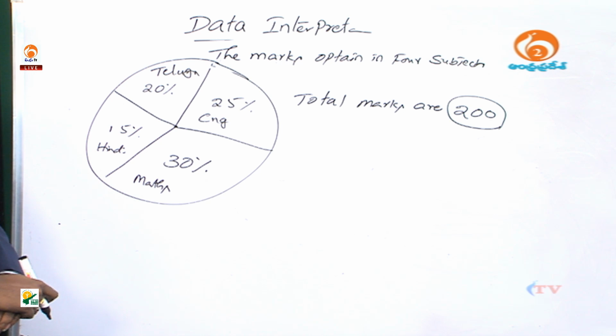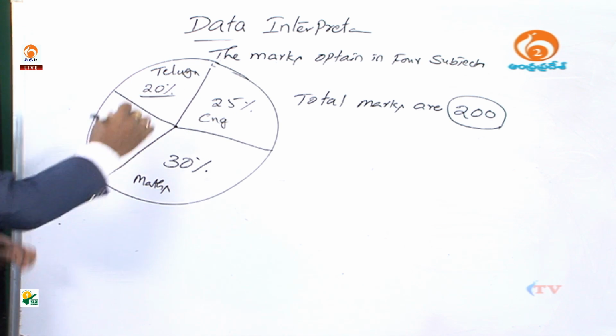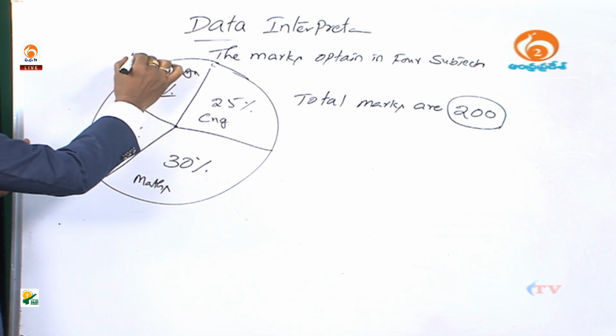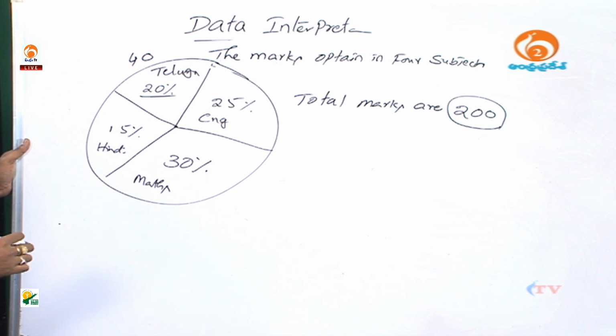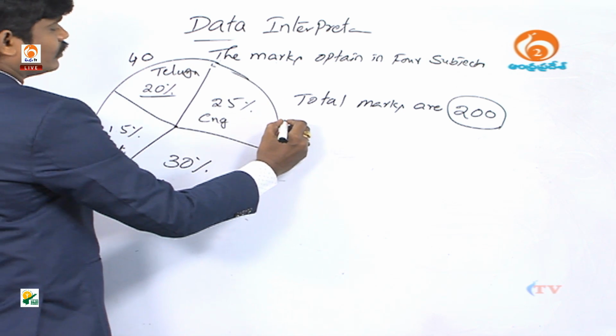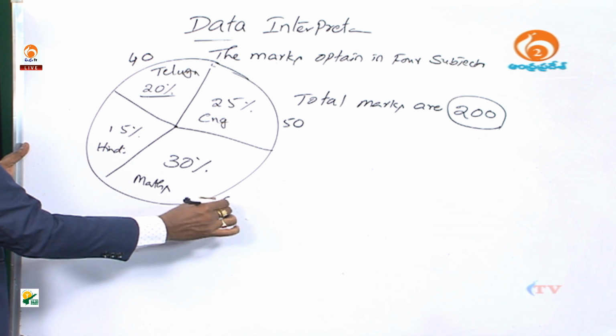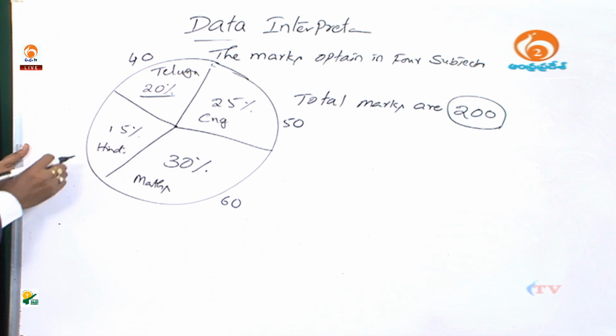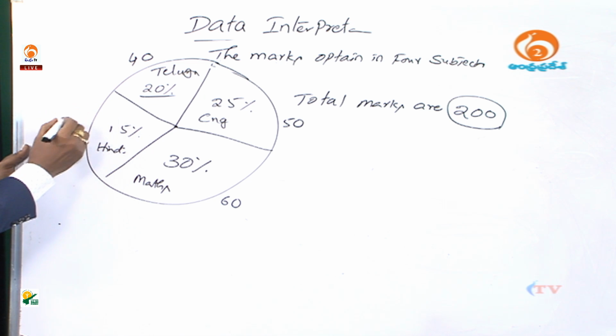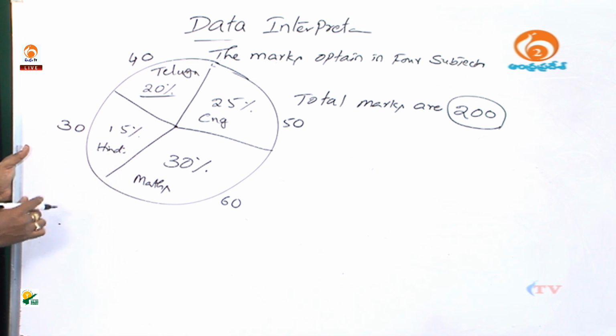Now in Telugu, how much percentage of marks did he get? 20%. 20% means, out of 200, he got 40. Next, 25% means out of 200 he got 50 marks, and 30% means out of 200 he got 60 marks. And in Hindi, 15% means 30, 10% is 20 and 5% is 10, that means 30.